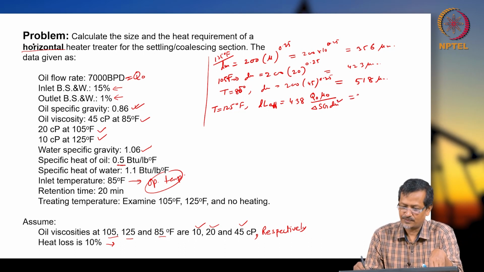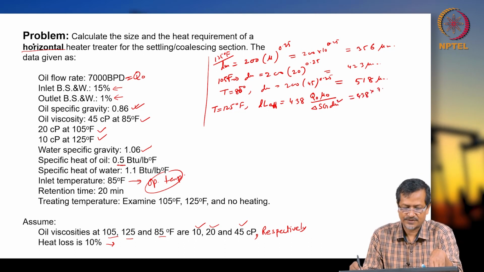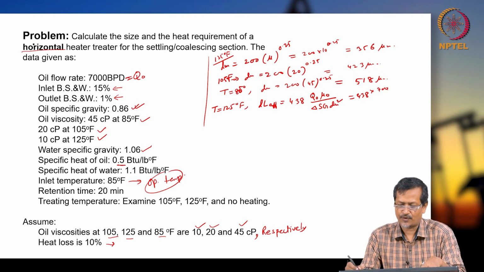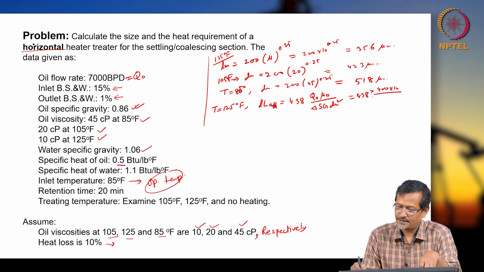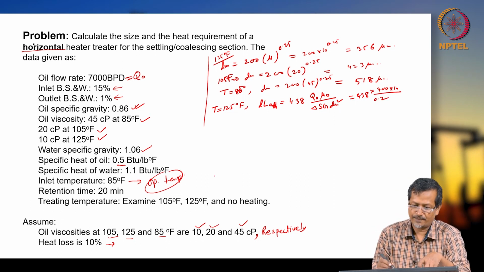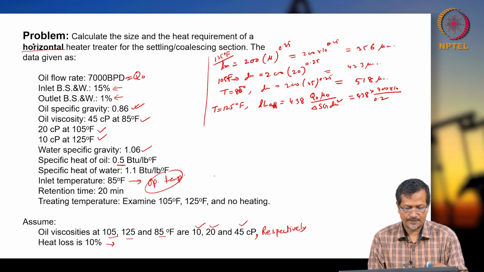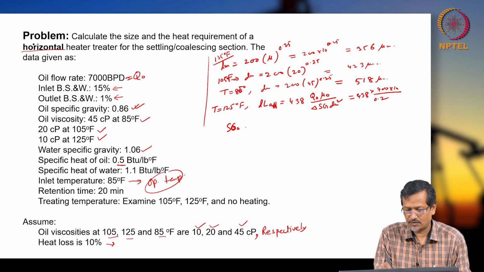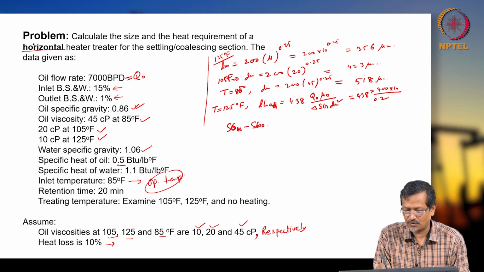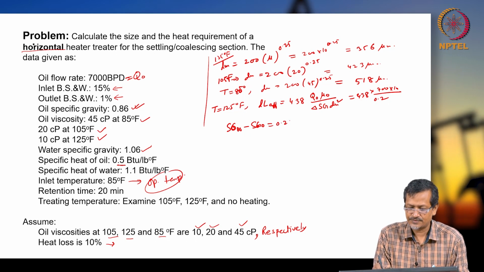So this will be 438 into 7000, already given in the problem. Mu or 10, then delta Sg 0.2 actually. How am I getting 0.2? You can take the difference: Sg water minus Sg oil equals 0.2.